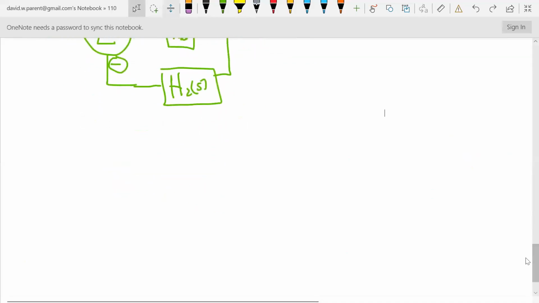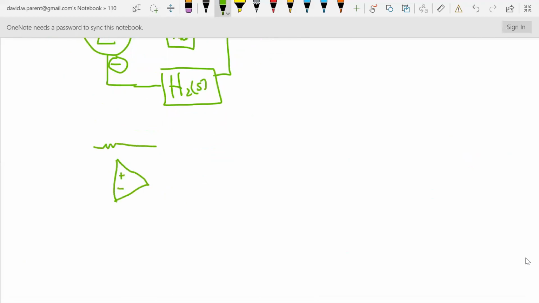Now you can draw it many ways, but I'm just going to put my summer here. The only thing I'm going to attach it to is my RF, and I might just put some resistors there, and I'm going to put my RF here.